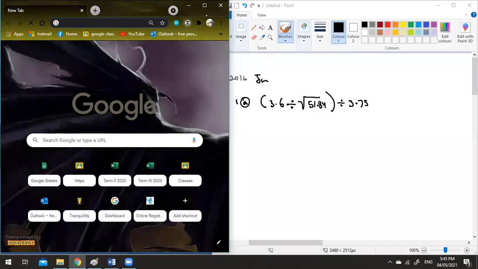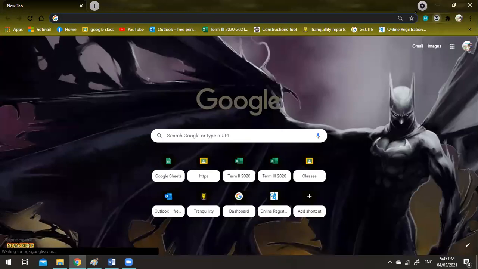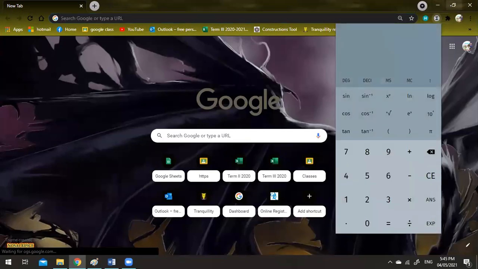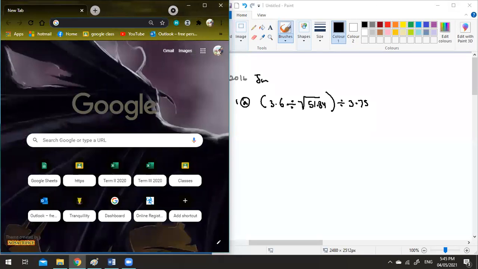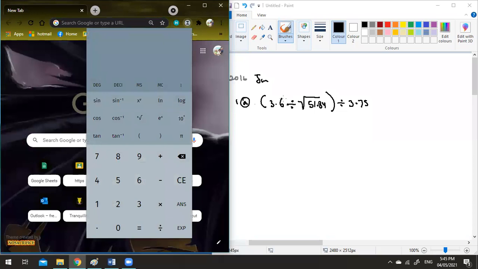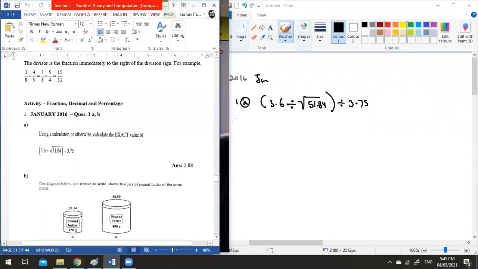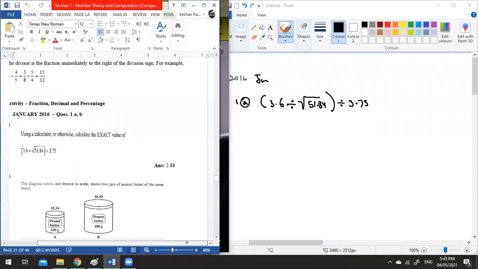Right, nice. If it will come up. There it is. Oh, it's not opening in okay, nice. So when you're using a calculator and you have questions like this, now if you pay attention to the question, well, this one didn't tell you how much marks it was for.